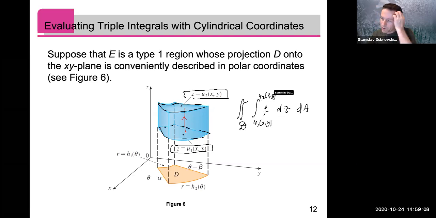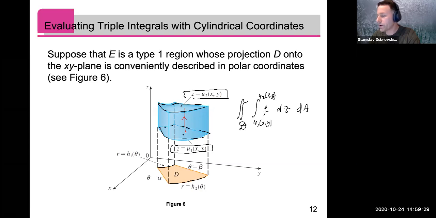But then you look at the bottom region, you realize, okay, it looks like a curved circular sector, almost like a polar rectangle, except the top and bottom limits are not constants. If they were constants, that would be a perfect polar rectangle.